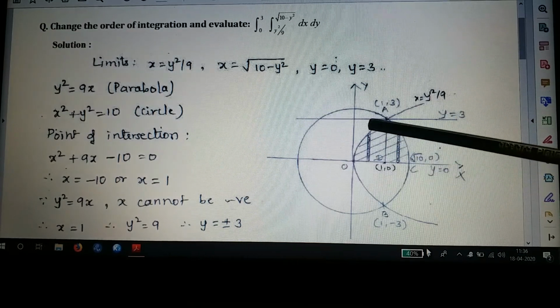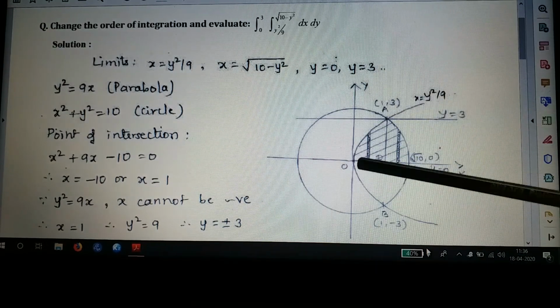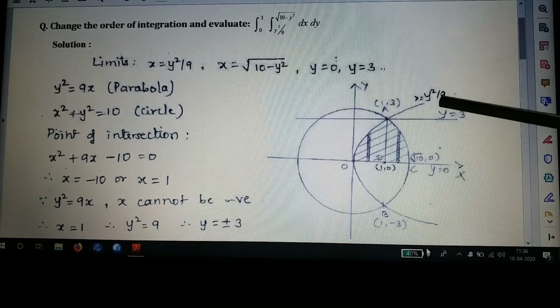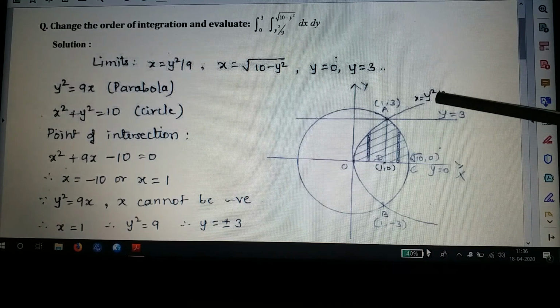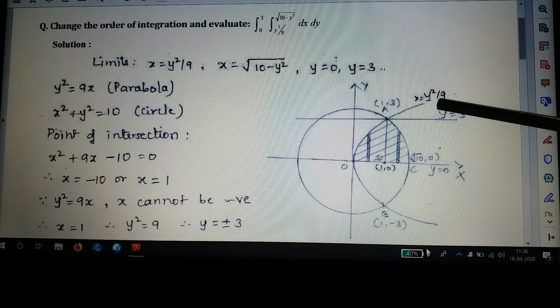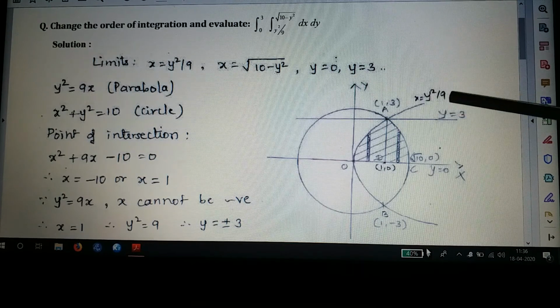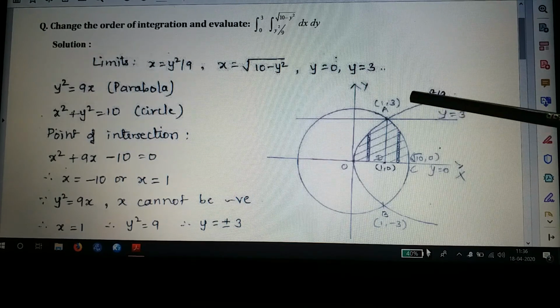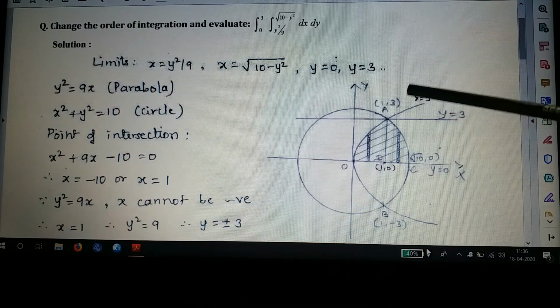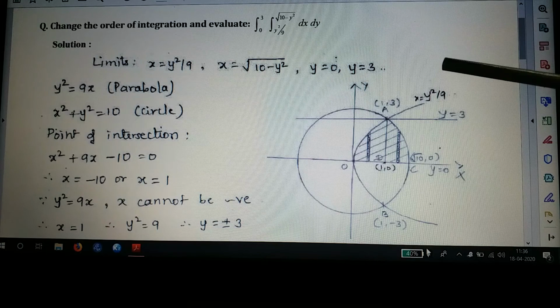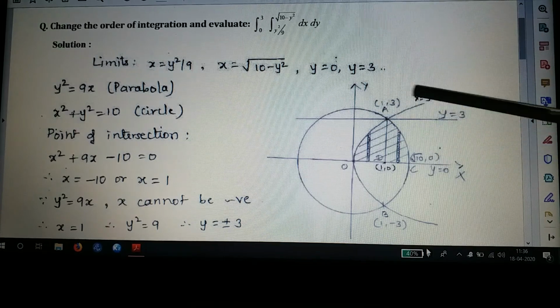And the strip ends on the parabola. This is the equation of the parabola. We want to find what y is on this parabola. x is y square by 9, so y square is 9x. So y is plus minus root of 9x. Okay, but we are in the first quadrant.